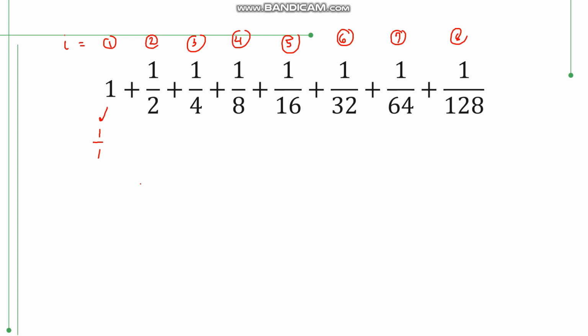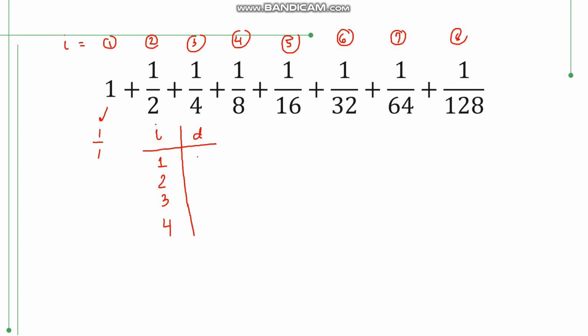Okay? Now we have to know how are we going to get 1 if i is 1? How are we going to get 2 if i is 2? How are we going to get 4 if i is 3? How are we going to get 8 if i is 4? And so on. So we can just write here i, and then let's have here the denominators. So i is 1, 2, 3, 4.